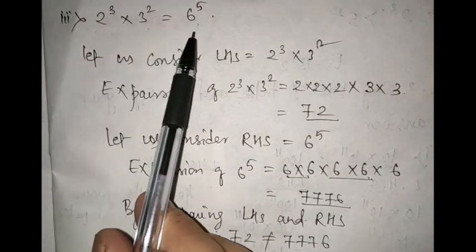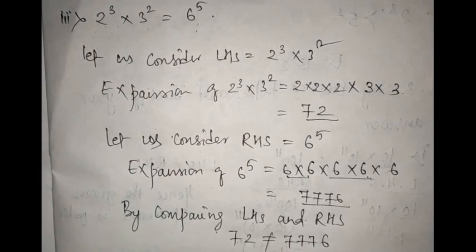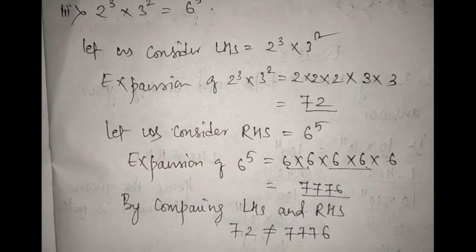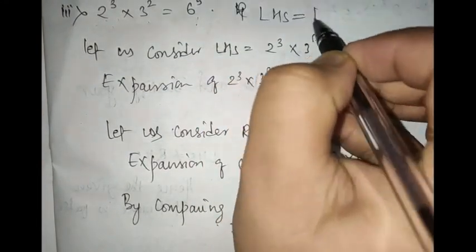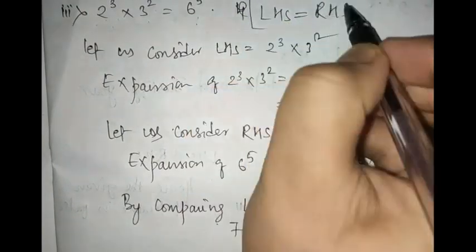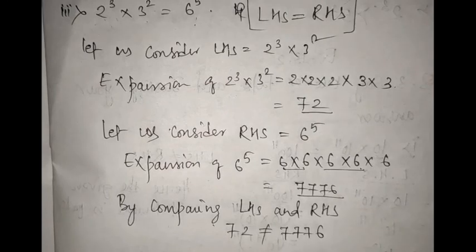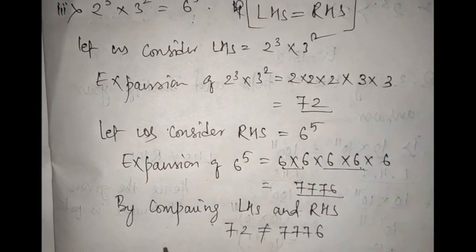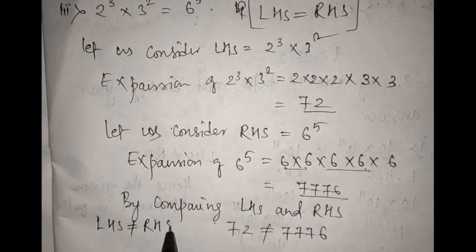No, this value is not equal to this, but this value is very, very less than this, right? So we are going to write LHS is not equal to RHS. According to the question, they were saying that LHS is equal to RHS. So this was according to the question, but we proved them wrong, right? We proved them wrong. So we will write LHS is not equal to RHS.